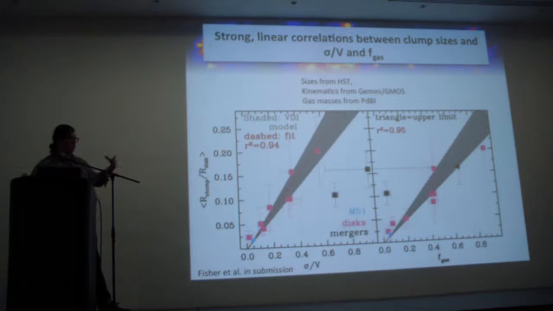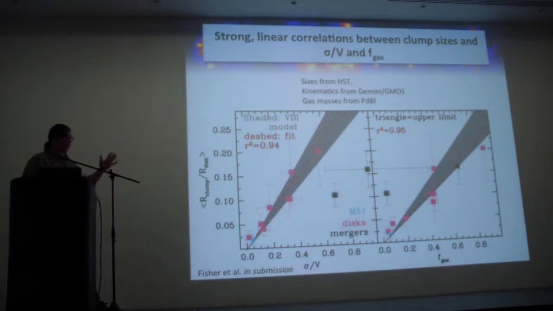So every point represents a galaxy and it represents the average clump in that galaxy, about 10-ish clumps per galaxy. The red points are the DYNAMO disks, and the two galaxies are ones we independently identify that we think are more consistent with being mergers. And I'm plotting against sigma over v, velocity dispersion divided by rotation speed of the gas, measured with Gemini GMOS data, and then gas fractions measured with CLOUD data.